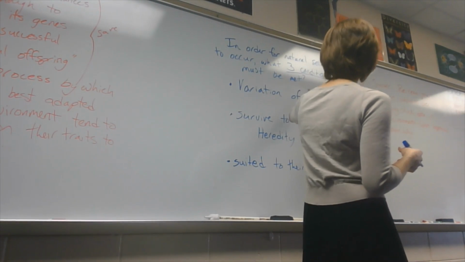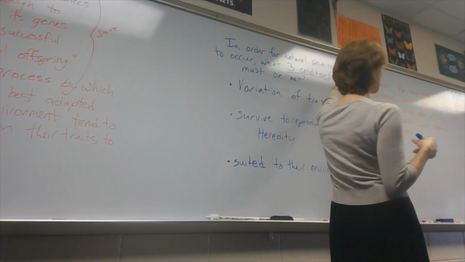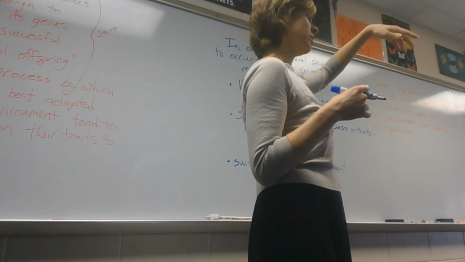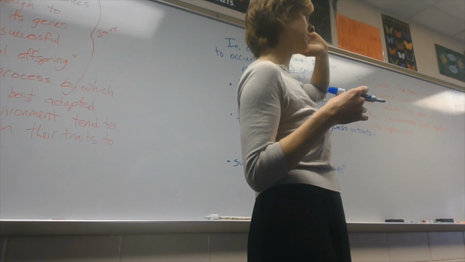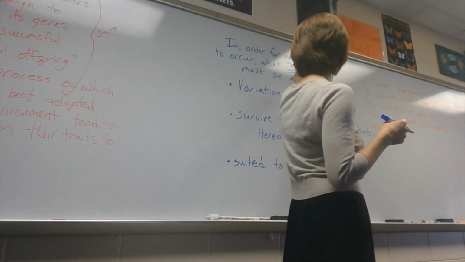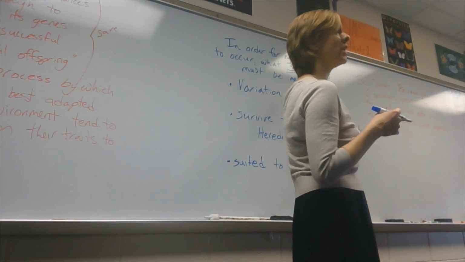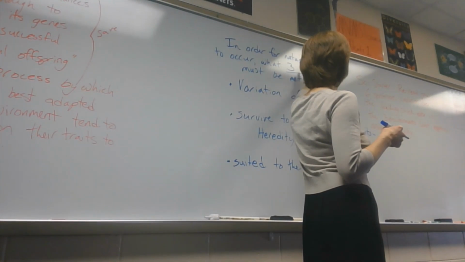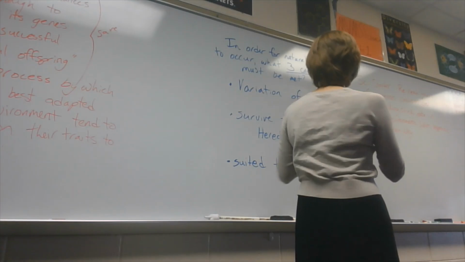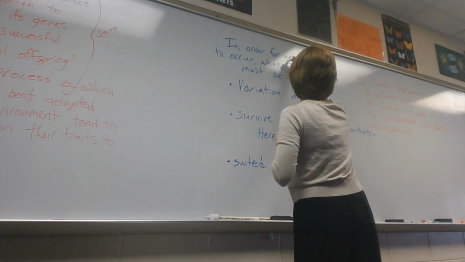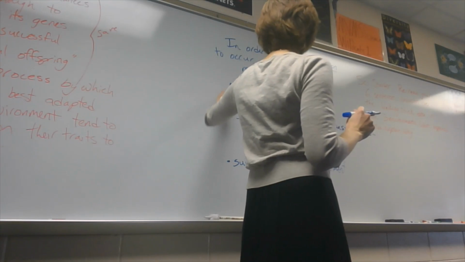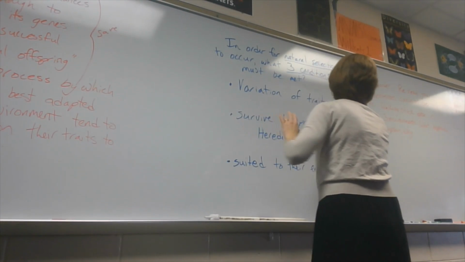So I need you to write this down. Title it 3 Conditions for Natural Selection, or Natural Selection 3 Conditions, in your lab binder, underneath your conclusions, please. And these are the 3, and actually, let me shorten this.